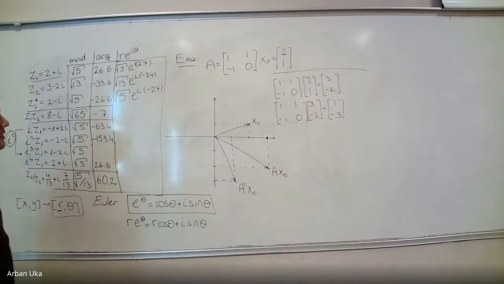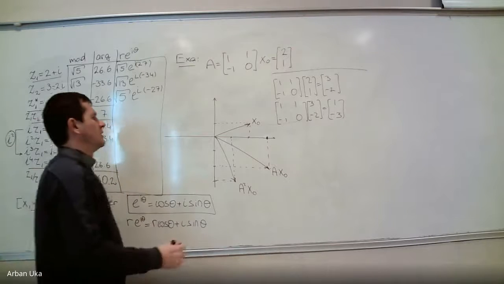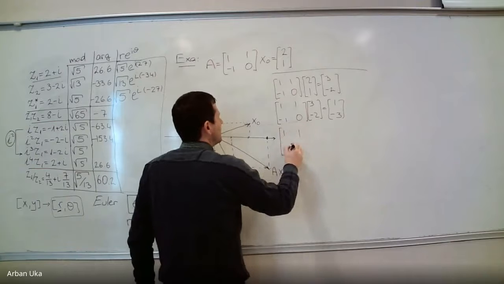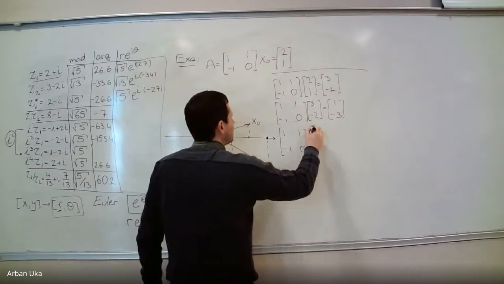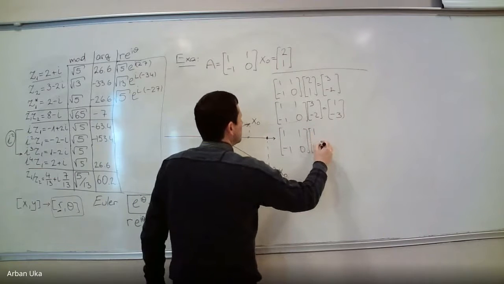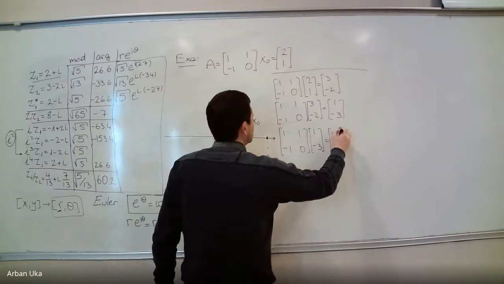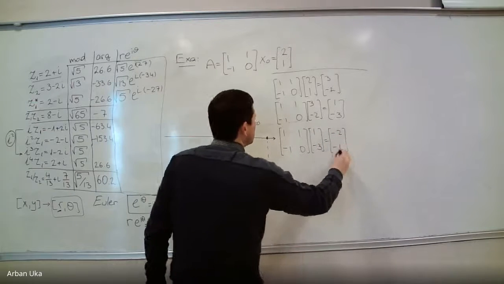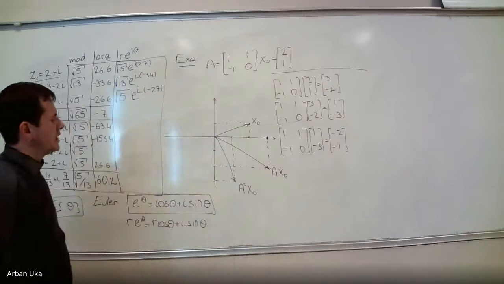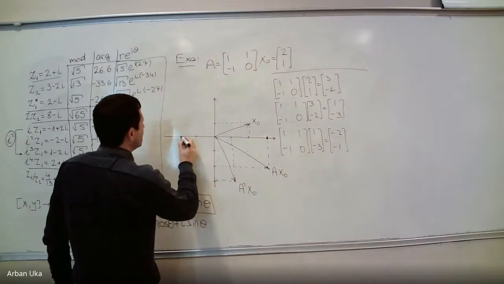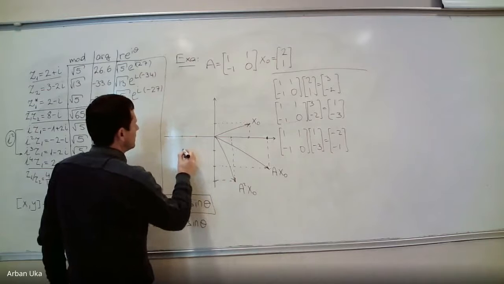So what we are doing right here is simply rotating the initial vector. Again 1, 1, minus 1, 0 multiplied by 1, minus 3, and here we get minus 2, minus 1.